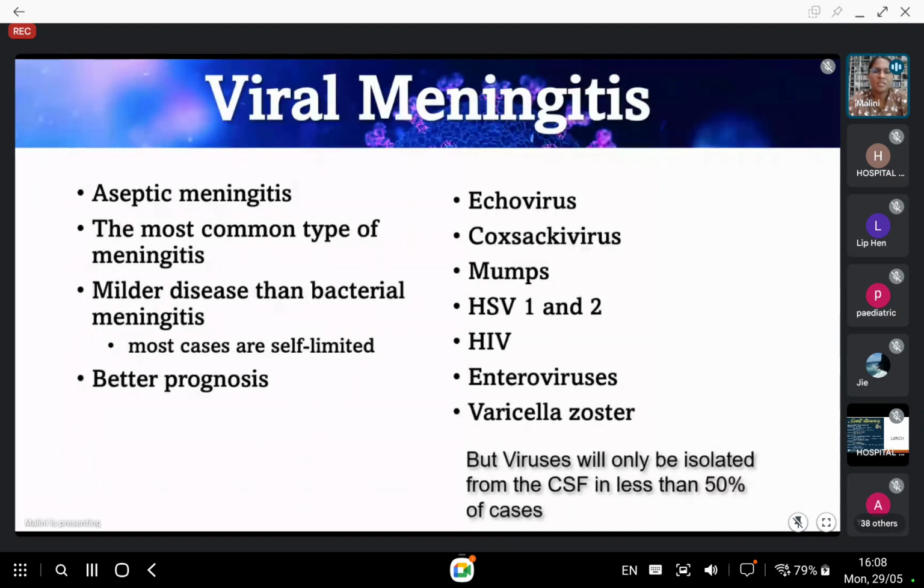So viral meningitis is more common, but has a better prognosis, and rarely can we isolate the virus from our CSF. However, we now have CSF meningoencephalitis panels with a lot of PCR tests available, and we are slowly able to yield a bit better with our viruses and infections.